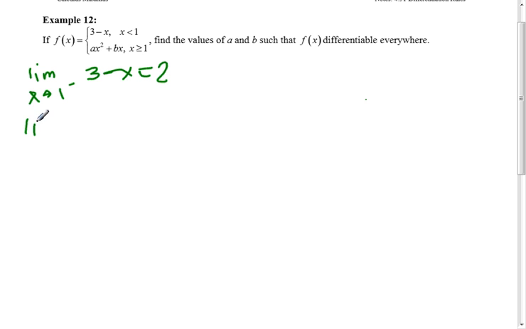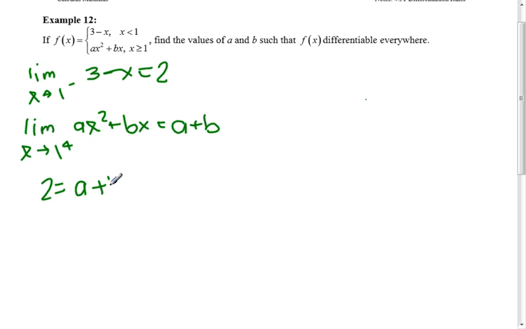Okay, and let's do the limit as x approaches 1 from the right of ax squared plus bx. You plug in 1 for x everywhere, you get a plus b. Now we know if we want it to be continuous, then they have to be equal. So 2 equals a plus b. Okay, so we don't know what a or b is yet. However, we'll be able to figure it out pretty soon.